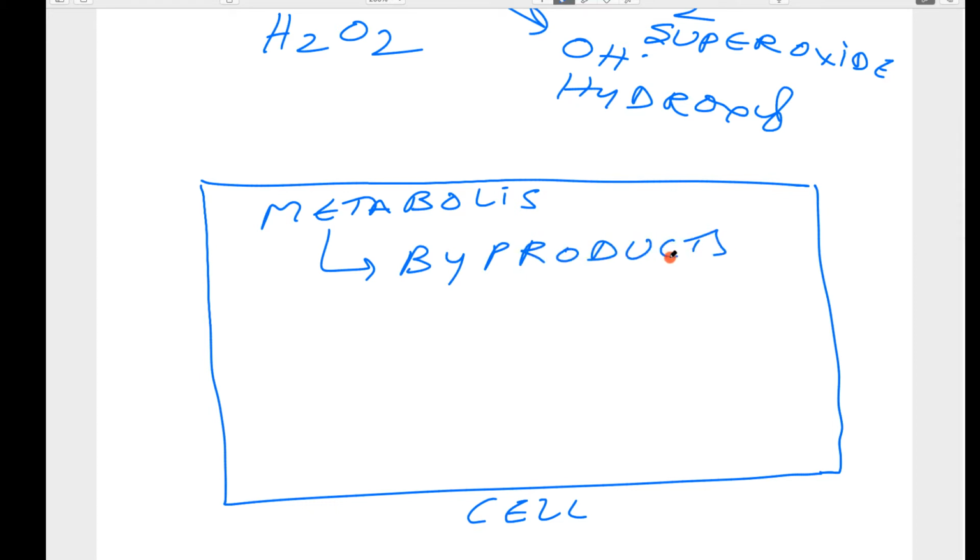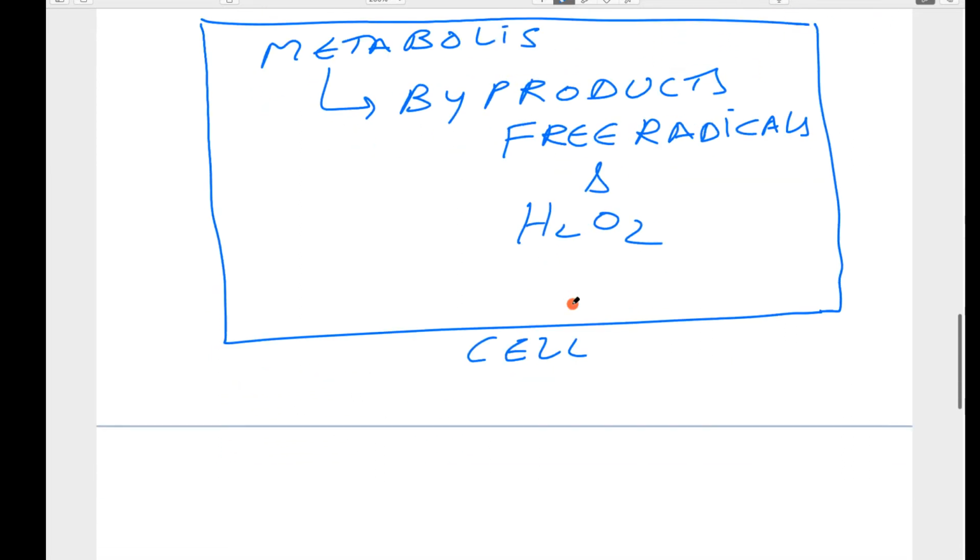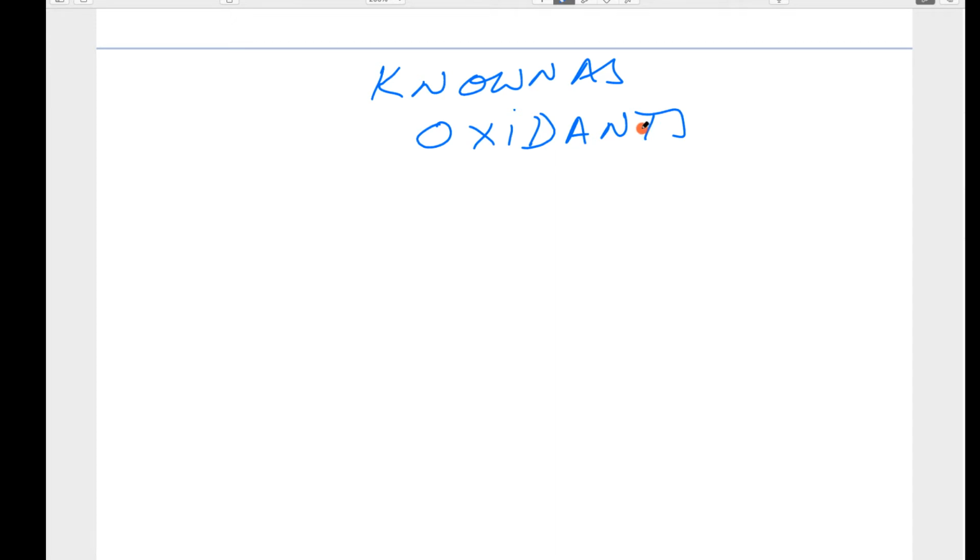Those byproducts can be free radicals and also H2O2. Why are we discussing these free radicals? They are highly active, so they are known as oxidants. These oxidants cause damage.